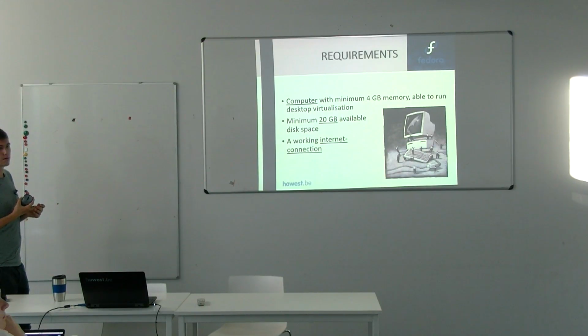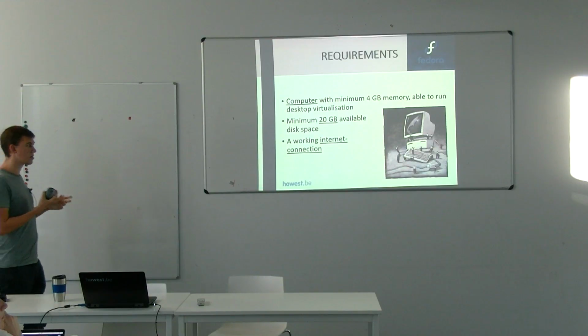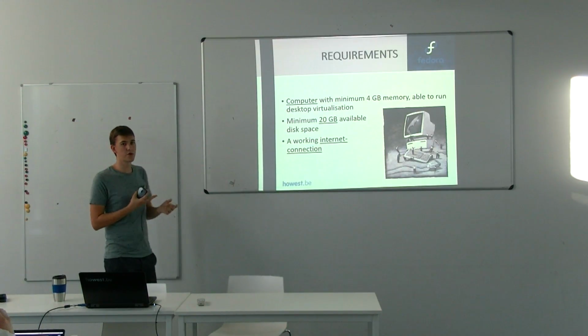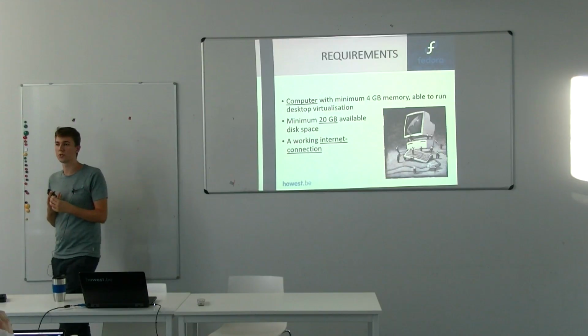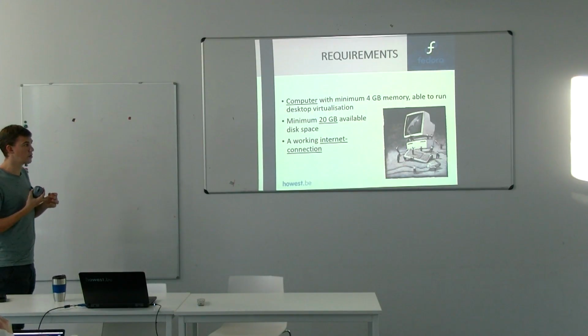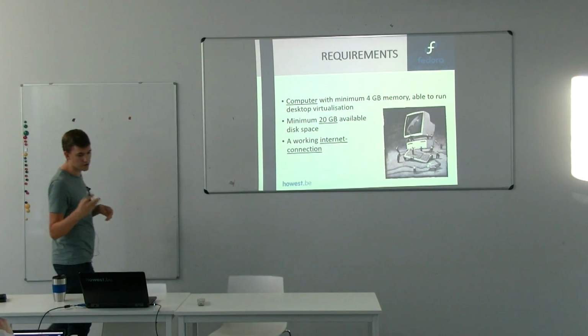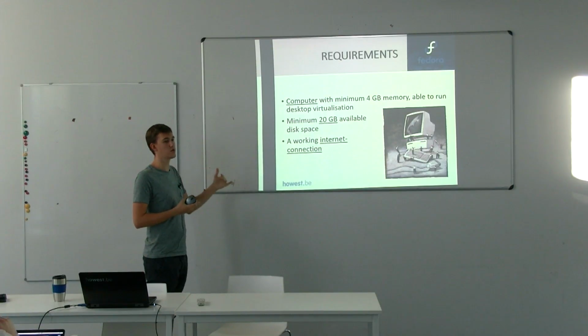I recommend it anyway, because it's much faster. Installing Linux dual boot is much faster than installing Linux as a virtual machine. The only problem is that you cannot look at the instructions on your computer and install at the same time with one computer.